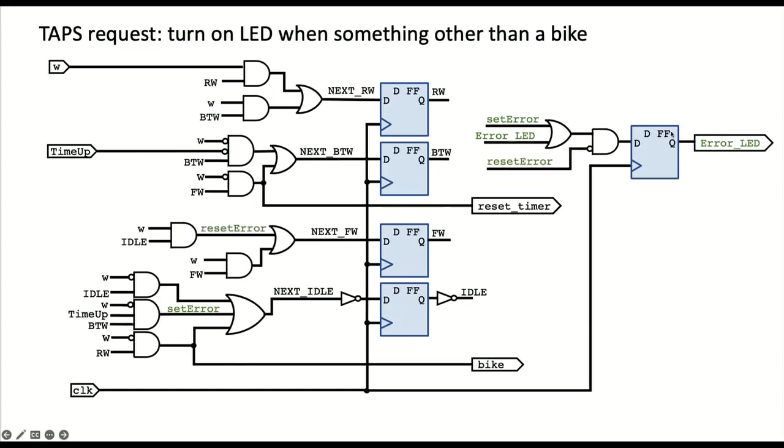That's to turn it off. So you know, if you feed back this into an OR, you're going to have to find some way to turn it off, and so that's what we did. And reset error happens when you see a bike again, which is here. When you're in idle and you have a W.